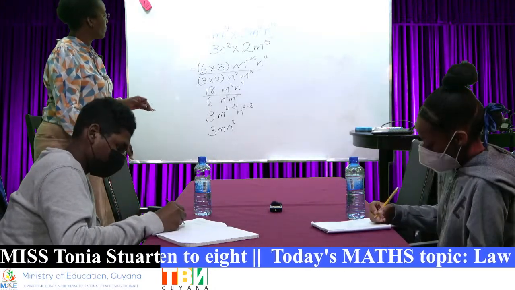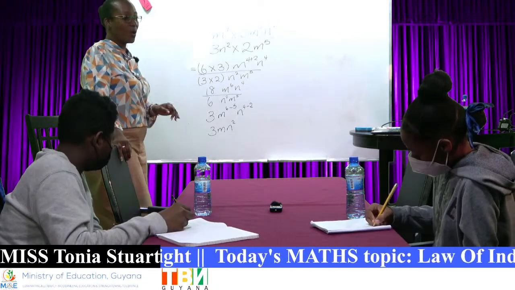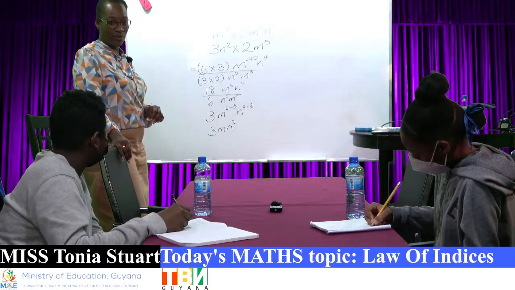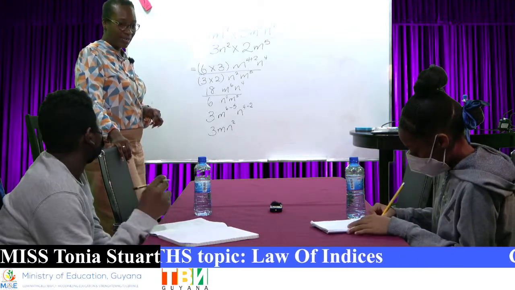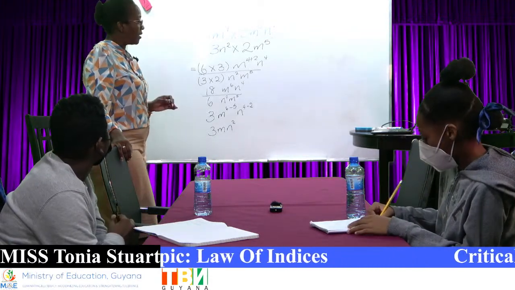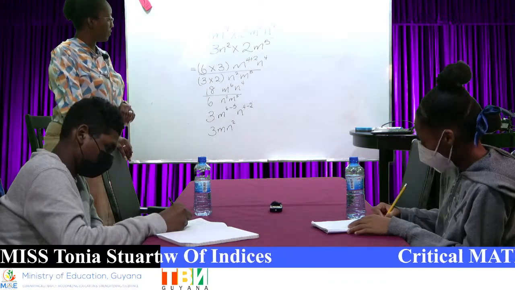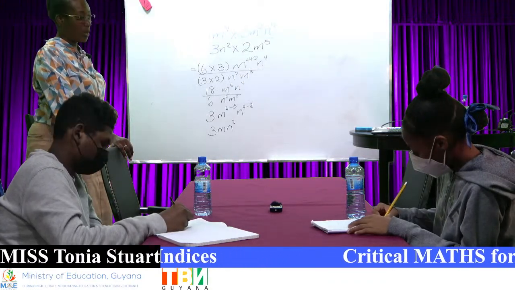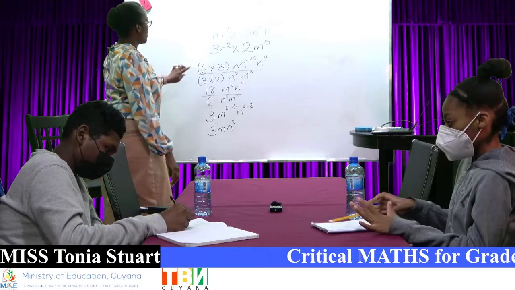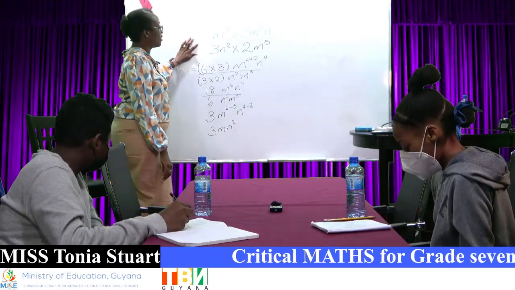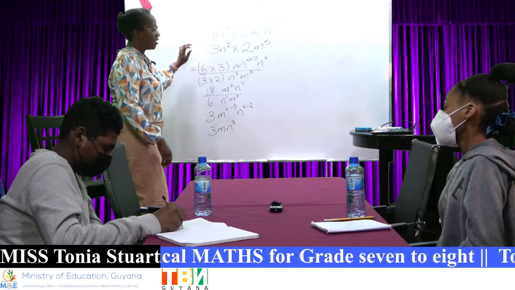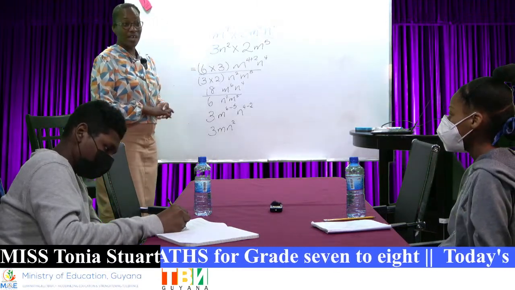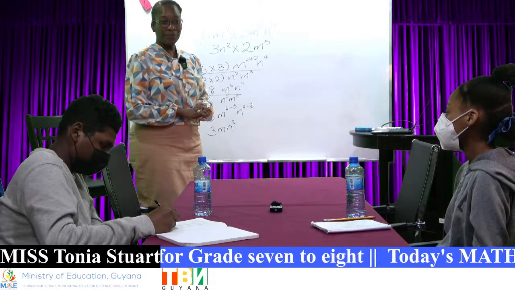When you have the same base, you add the powers when you're multiplying, and when you're dividing with the same base, you subtract your powers. And remember, this line represents division. So despite it's not a division sign you're seeing, it still means divide.